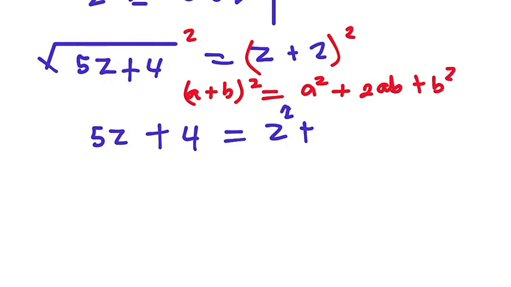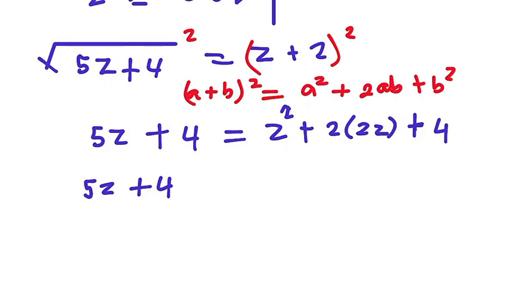So that's the same thing we are going to use here: z squared plus 2 times 2z, then plus 2 raised to power 2, that will give us 4. So we're going to have 5z plus 4 equals z squared plus 4z plus 4.